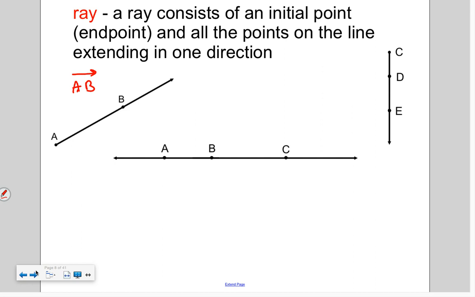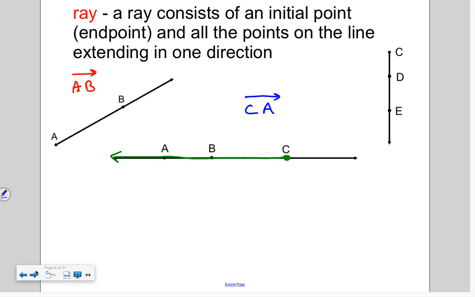If I go over here and look at a ray that starts at point C and moves to the left, the way we would name that is ray CB or CA. I could use either one. They'd be the same ray. But C has to be the first point in the name because it's the endpoint.